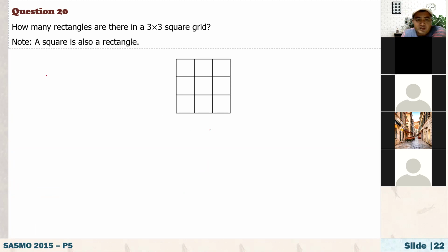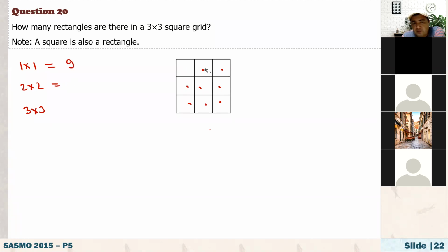Ayhan, here, how many rectangles? First, if you find squares, what squares do we have here? We have 1 by 1 squares, 2 by 2 squares, and 3 by 3 squares. How many 1 by 1 squares? 1, 2, 3, 4, 5, 6, 7, 8, 9. So we have 9 1 by 1 squares.